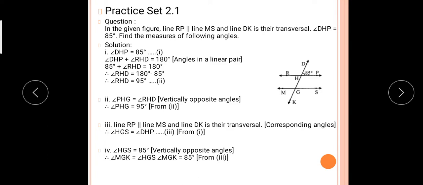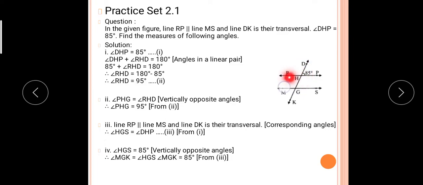Now we have to find out angle PHG. Now see students, DHP and PHG both are a linear pair. In this way also you can calculate. Or another way is what?